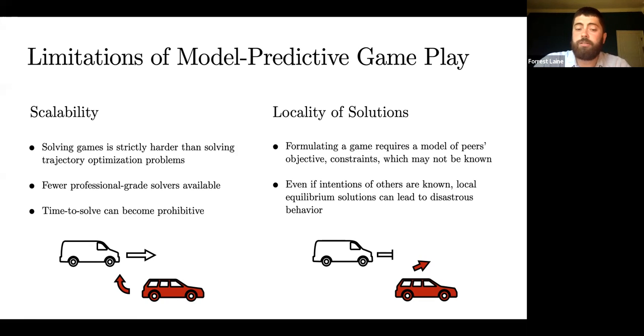The other issue is this notion of locality of solutions. If you've ever taken a machine learning class or any kind of optimization class, and you have heard about the distinction between a convex or a non-convex problem, you might be familiar with this idea of local optimality, or a locally optimal solution.